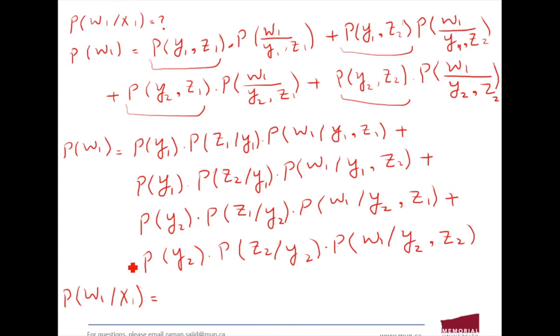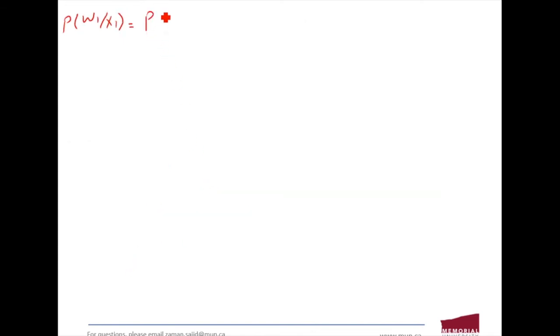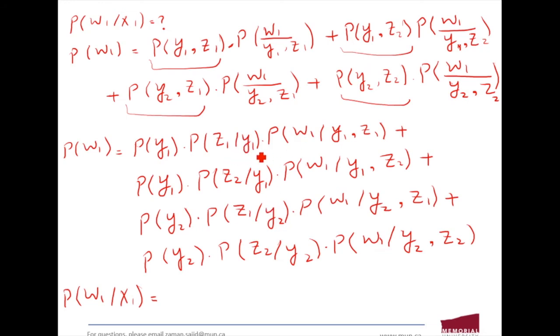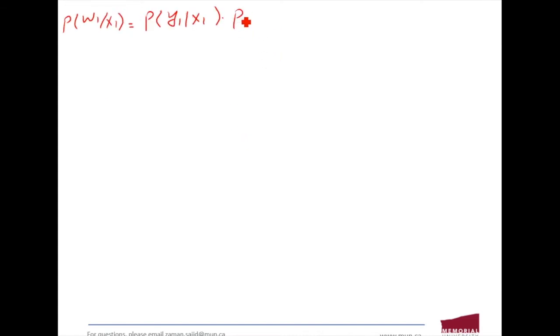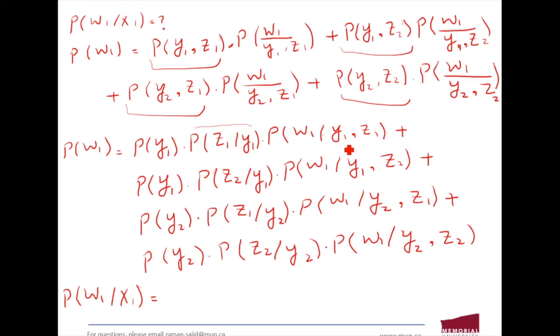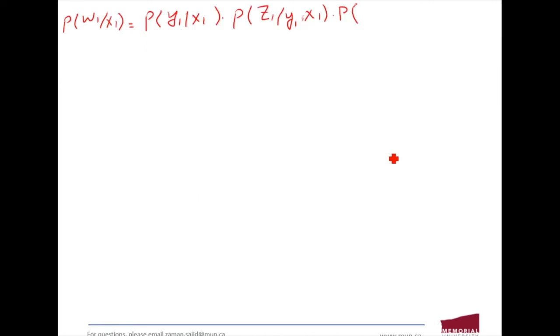This is the probability of y1 given that x1, times the second term, the probability of z1 given that y1 and x1, times the probability of, now this last term here, w1 given that y1, z1 and x1.